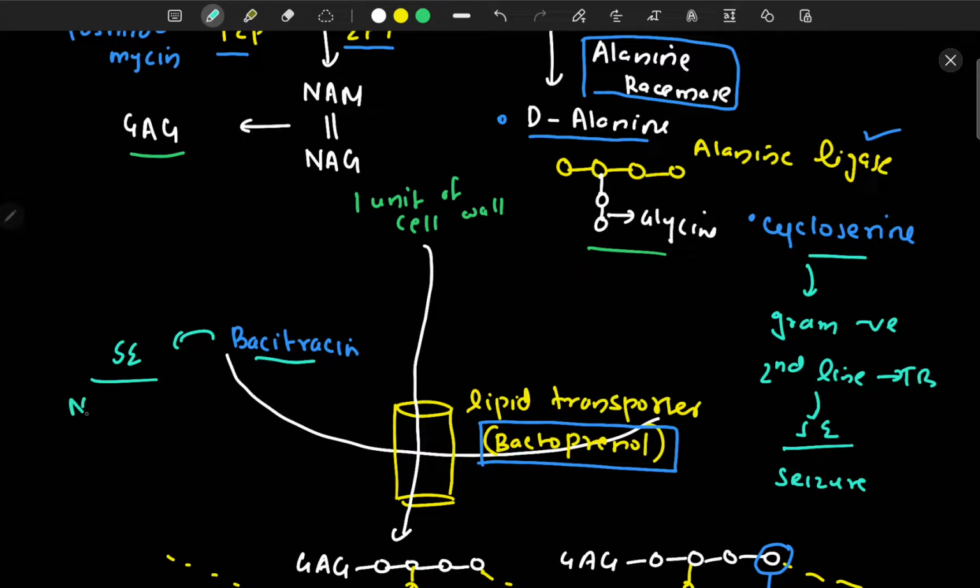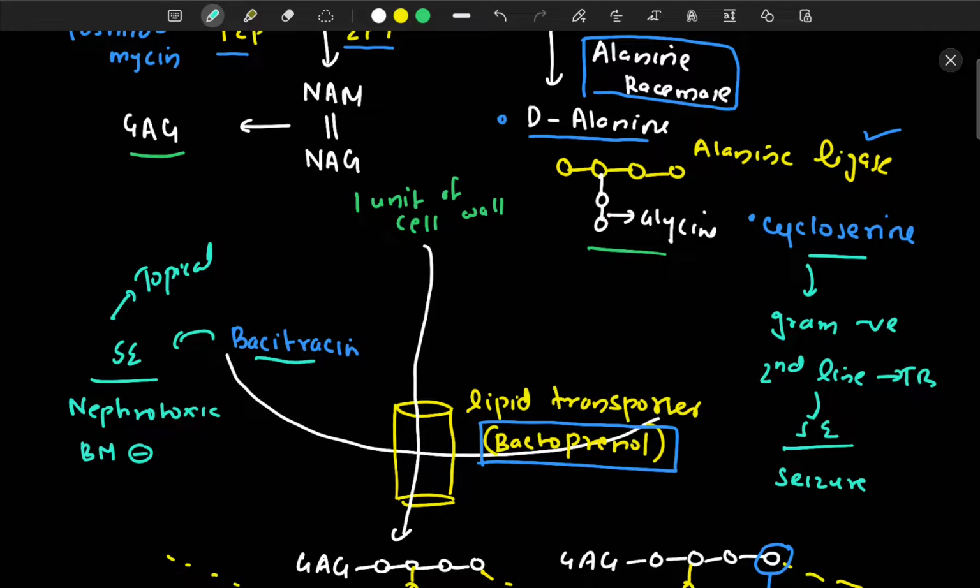It is nephrotoxic and it suppresses the bone marrow. So due to this action, it is used as a topical drug. It is not used as a systemic drug.